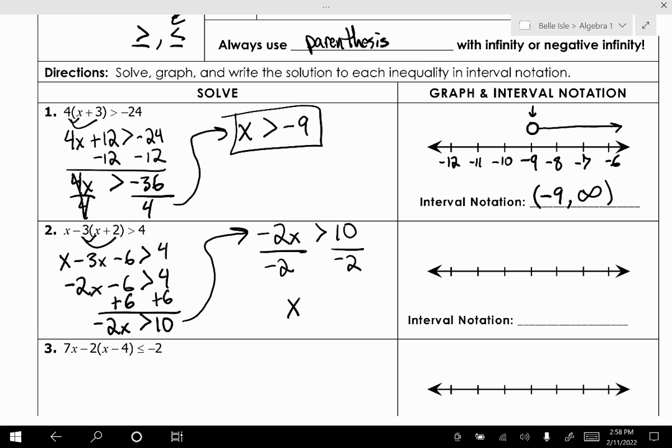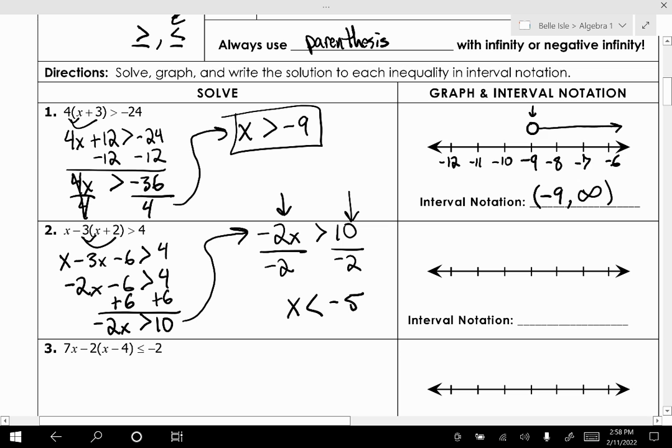What I mean by across is we're dividing by negative 2 over here, and then we have to do it over here as well. So with that inequality, you're going to flip it. Now it's going to be a less than symbol, and you've got negative 5.